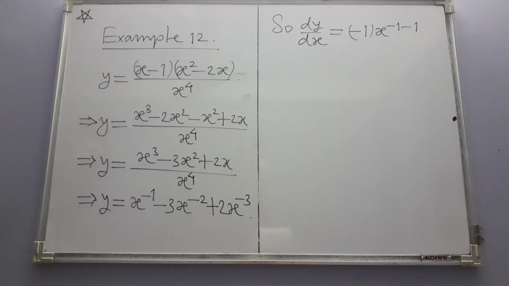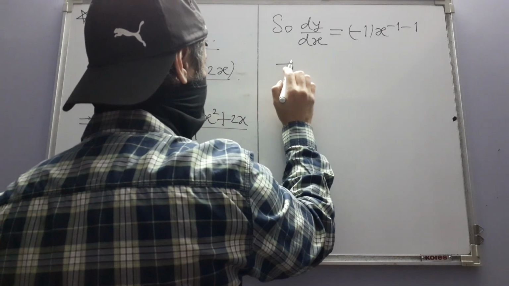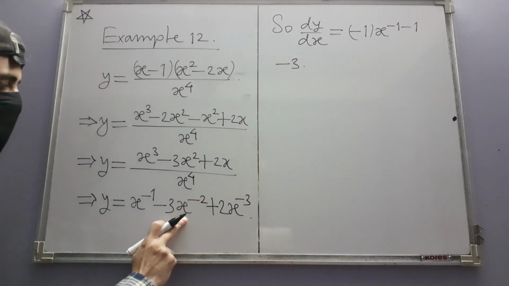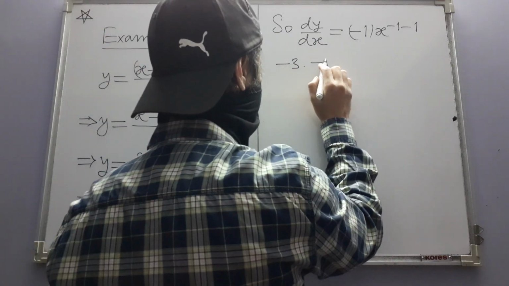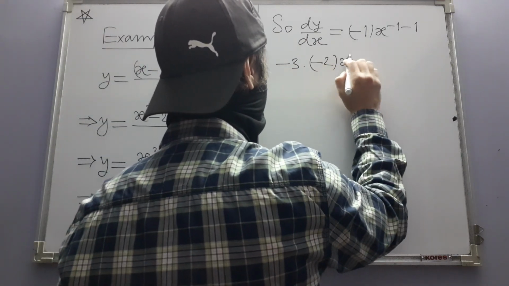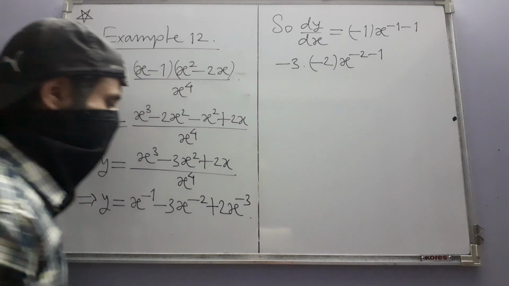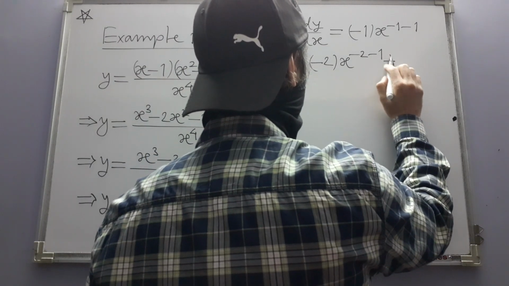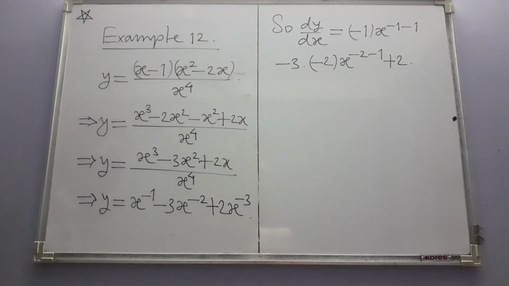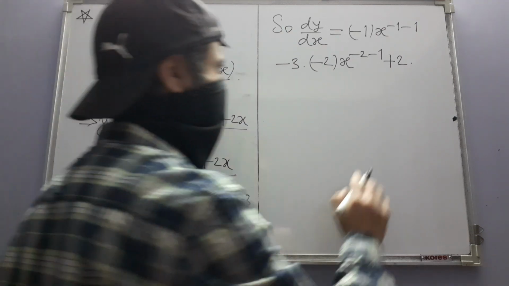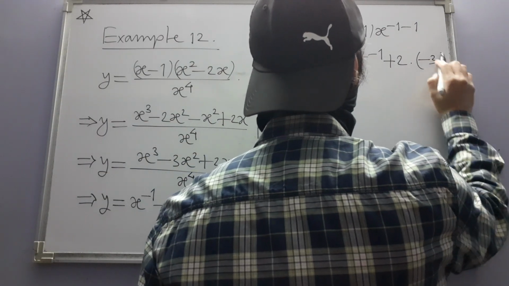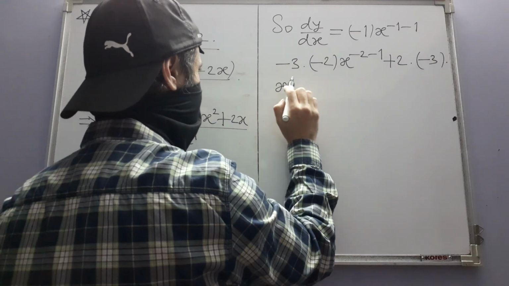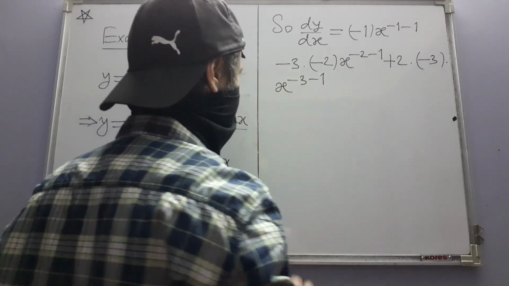It will be this. Minus 3 times, when you differentiate this, it will be minus 2 times x to the power minus 2 minus 1, plus 2 times minus 3 times x to the power minus 3 minus 1.